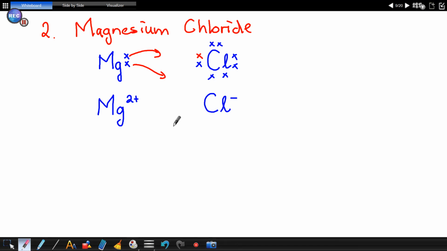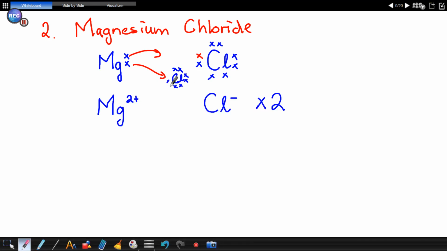But 2 plus minus 1 makes a plus, and you want a naught. You need 2 negatives. So you need 2 chlorines. So this second electron will go to another chlorine.